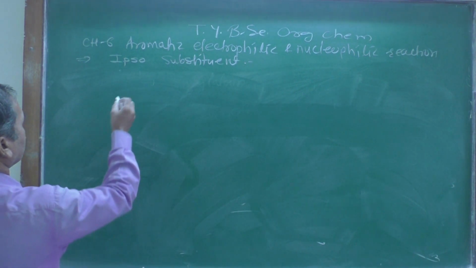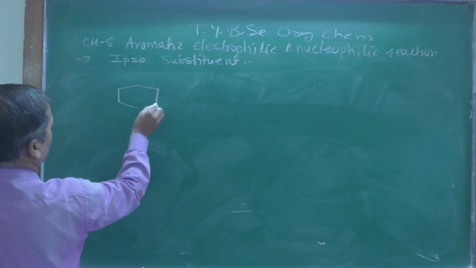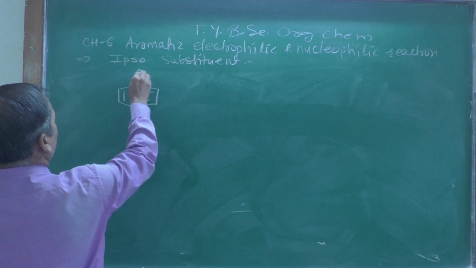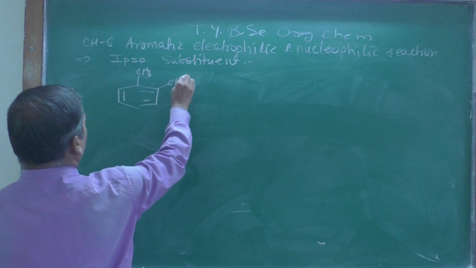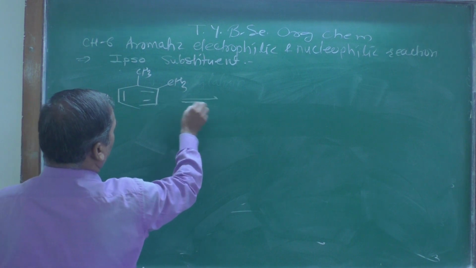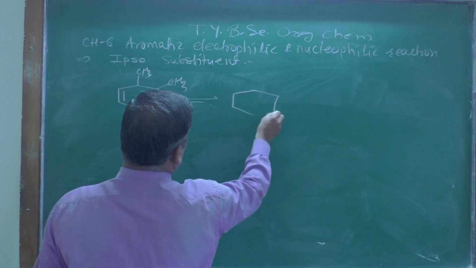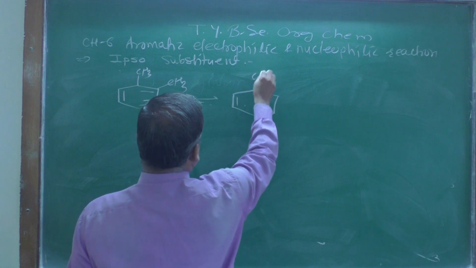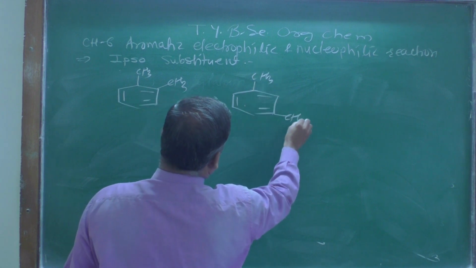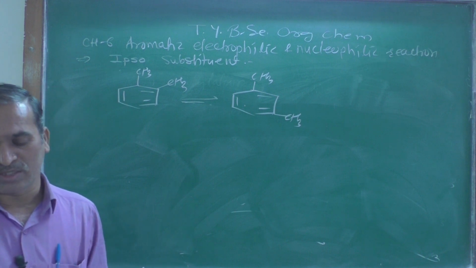Suppose you have this compound, this is ortho-xylene, with CH3 here and this CH3, and you may get this type of compound over there, with CH3 and CH3 methyl groups over there. How is it possible?